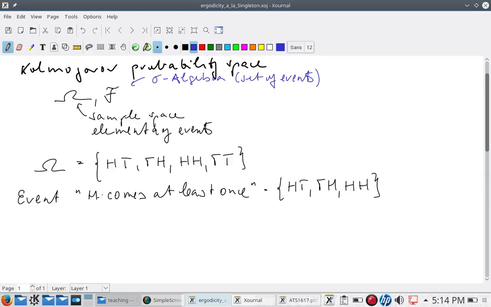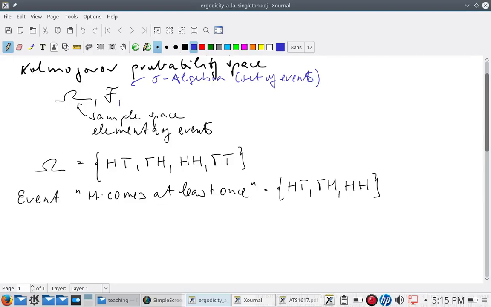So for instance, if you take unions and intersections of the events which are collected in this F set, you have to end up in the set again. So this set has to be closed under union and under intersection of events. That's a technical term. We're not going to be so much concerned about sigma algebras from now on, but we need to write it down in order to complete the probability space a la Kolmogorov.